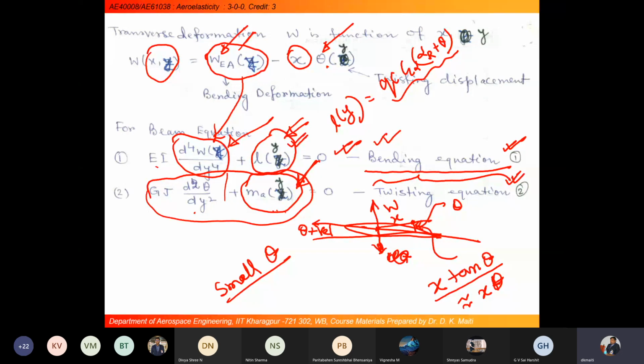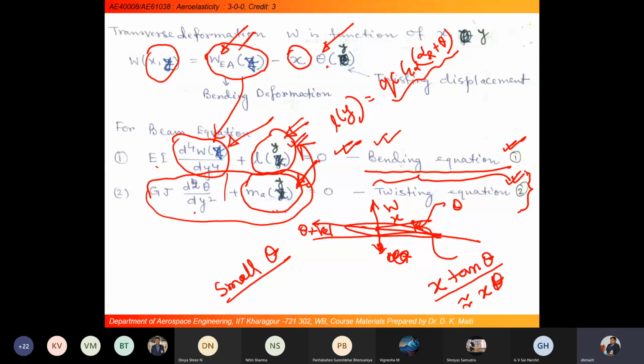To find the aeroelastic equilibrium condition or aeroelastic divergence condition, we use our torsional equation, because torsional deformation will give rise to additional lift, whereas due to bending there will not be any additional lift. But due to rotation, this twisting of the wing, it will induce some additional aerodynamic bending moment in the first equation.